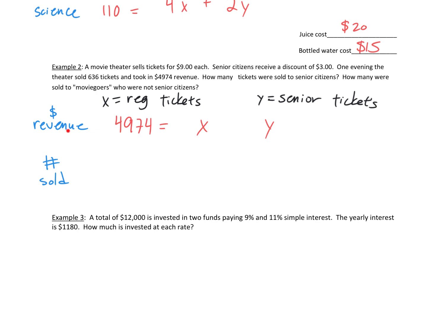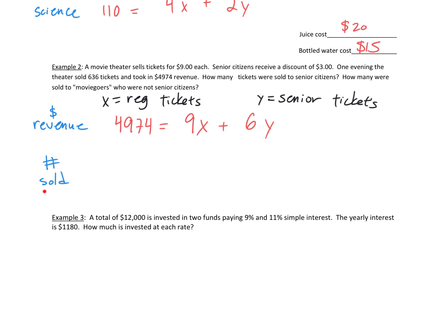How much revenue in dollars goes with regular tickets? Well, it's 9. And for seniors, it says that they receive a $3 discount from the 9, so really 9 minus 3 gives you 6. So $6 is the revenue they have. So that's our first equation.